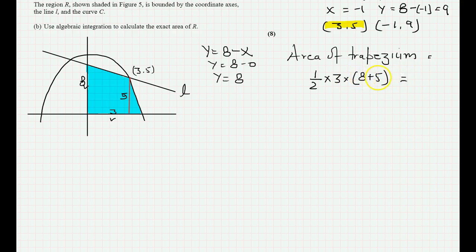So the area of trapezium is 8 plus 5 is 13, times 3 is 39 over 2. So that is the first part we have got, it is 39 over 2.